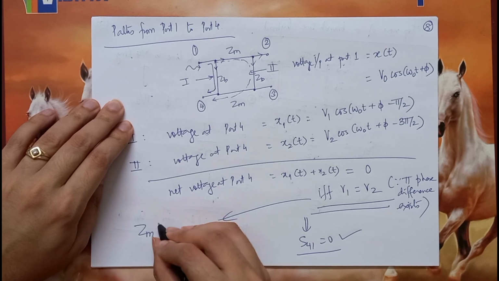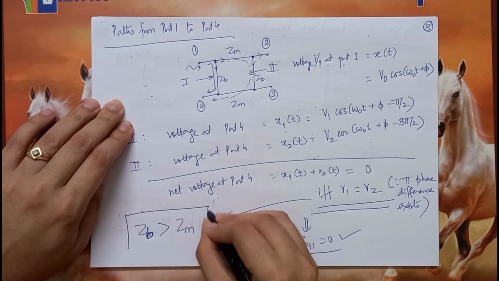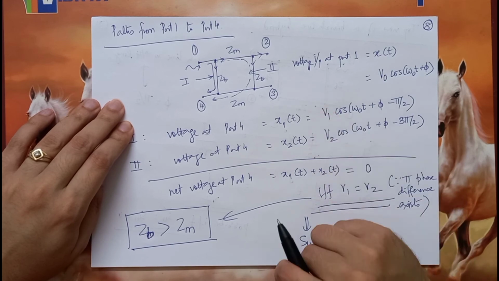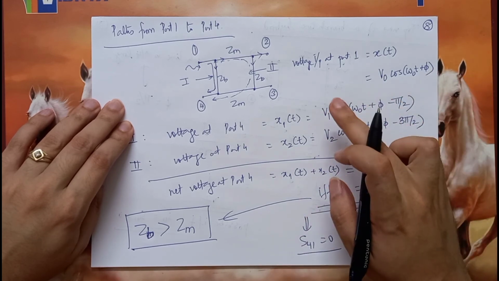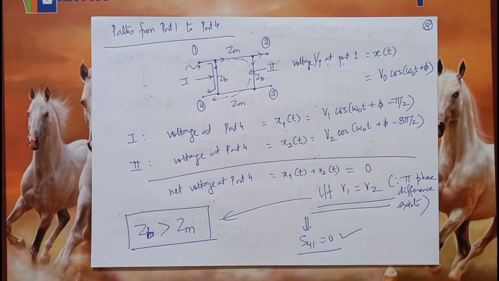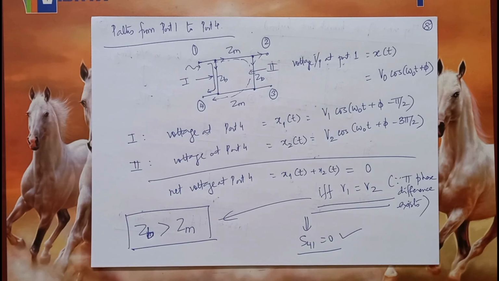That is, ZB should be more than ZM, to ensure that V1 and V2 are comparable, otherwise V1 will be much more in magnitude as compared to V2. So this is an extremely important requirement for the isolation between port 4 and port 1 to exist perfectly. That is, any input at port 1, no portion of it should come to port 4.